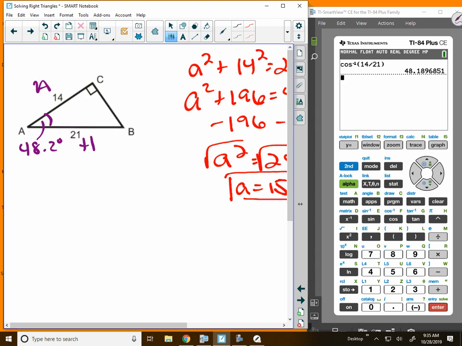Okay, so angle A was 48.2 degrees. You have options for finding angle B. What's one option? 180 minus 62. Okay, use the other angle. 180 minus 90 minus 48.2.